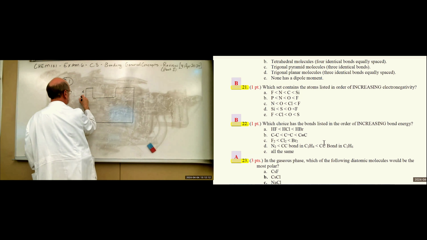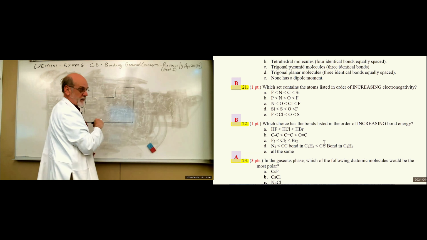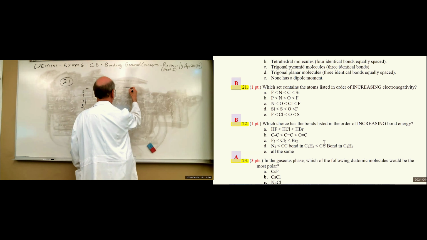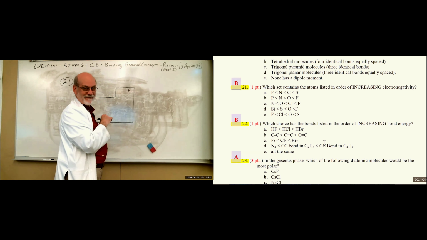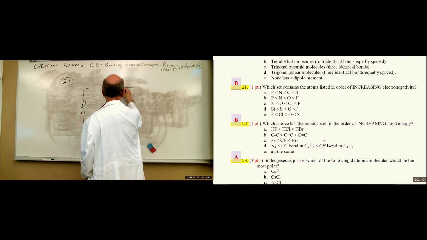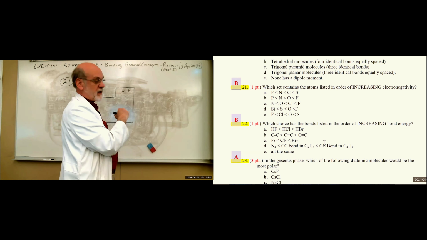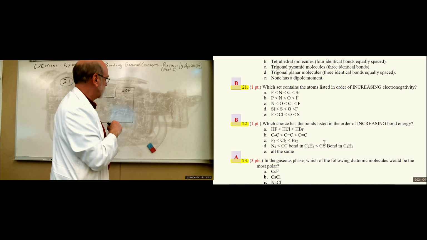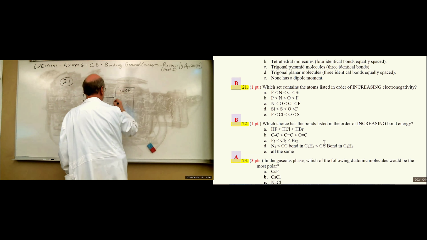So we have 2, 3, 4, 6. Where are they? Fluorine is way over here. Nitrogen is over here. Is oxygen in there? Yeah, oxygen's there. Carbon's right here.